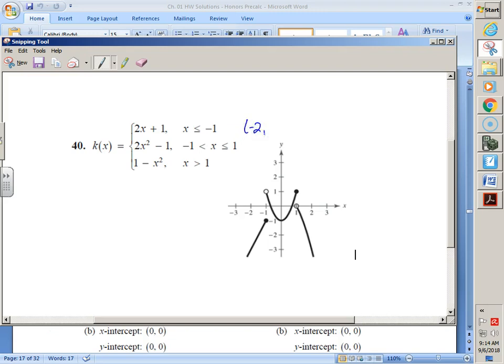Good. Gavin looked and said, hey, this guy's less than or equal to -1, so I can plug in -2. Plugging in, you should have gotten hopefully -3, right? So if he did -2, -3, couldn't he have also just plugged in -1, the or equal to, and then just made his line, right?